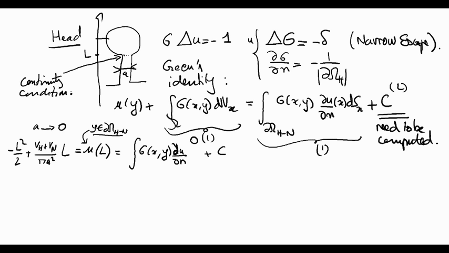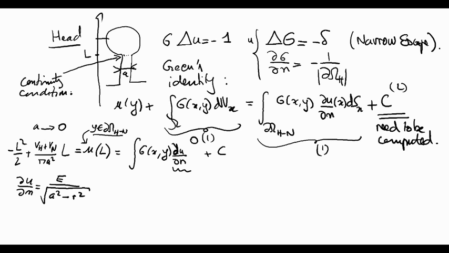Now we need to estimate the flux here. We know that for a 3D hole, the flux has the shape E divided by the square root of A squared minus R squared.